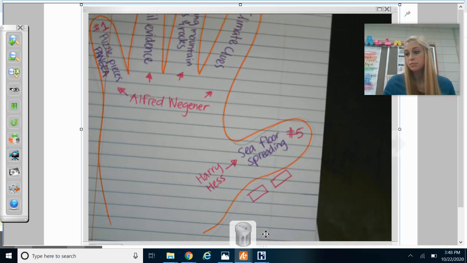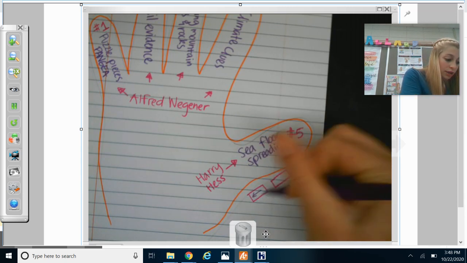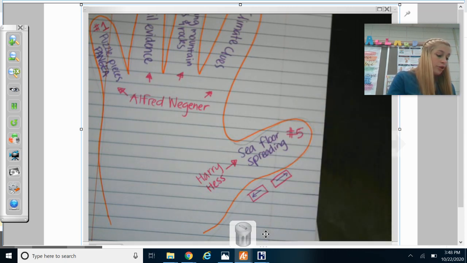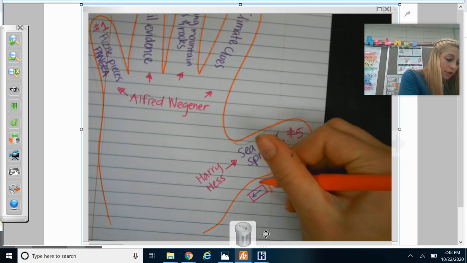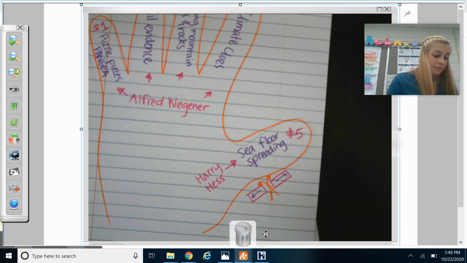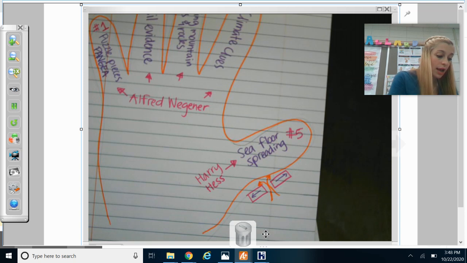And you know what? Well, I'll leave them in pink. So the plates are moving outward while new lava is coming up to form new crust. Coming up from down here. And what happens is the magma that's underneath the crust makes a circle. You saw this in your warm-up.